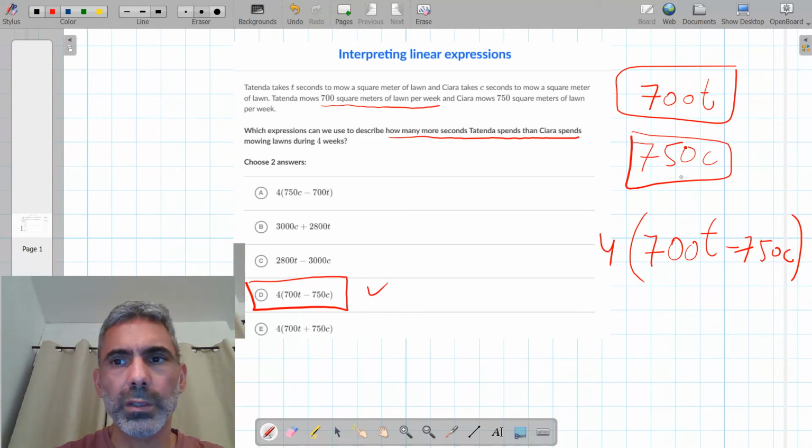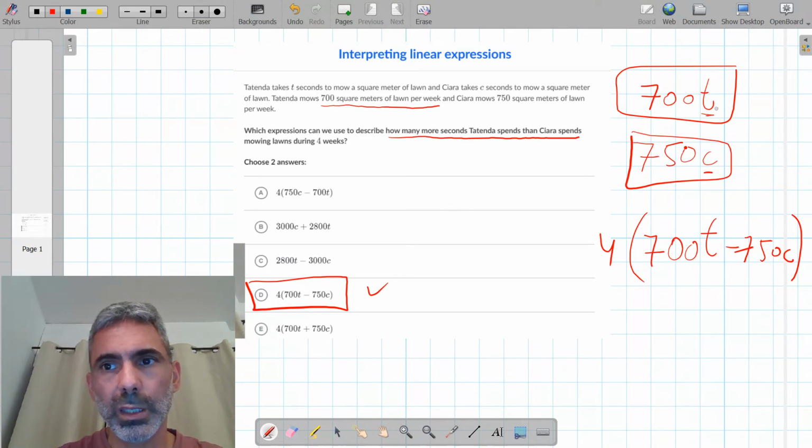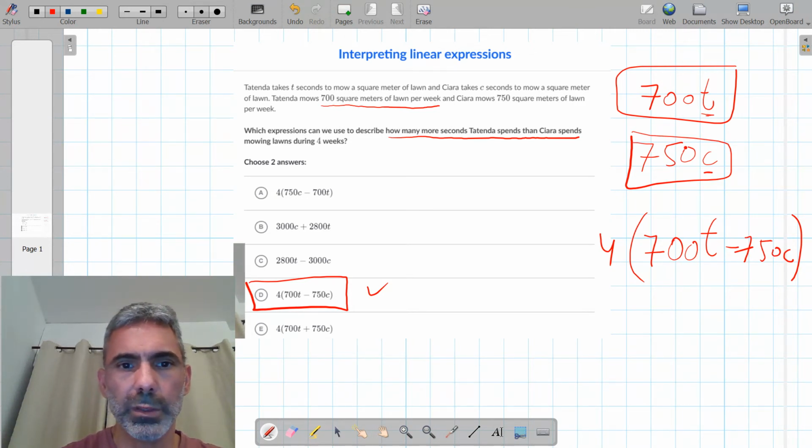Although 750 is greater, I guess T is greater than C, because since they ask how many more seconds Tatenda spends than Ciara spends, it means that Tatenda spends more time. So 700T needs to be greater than 750C. Okay, and the difference is here, and this is the difference per week within the parentheses, and 4 weeks is 4 times that. Okay, so 4 times 700T minus 750C.